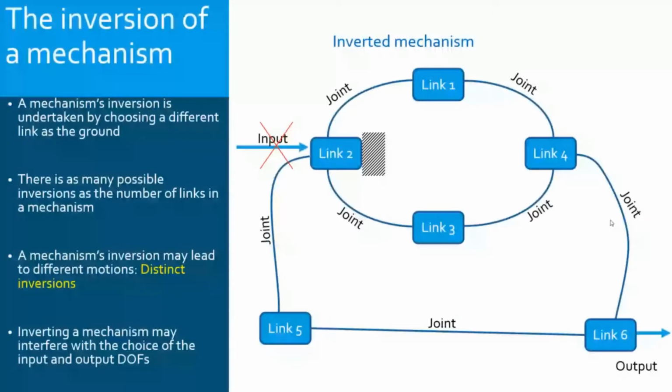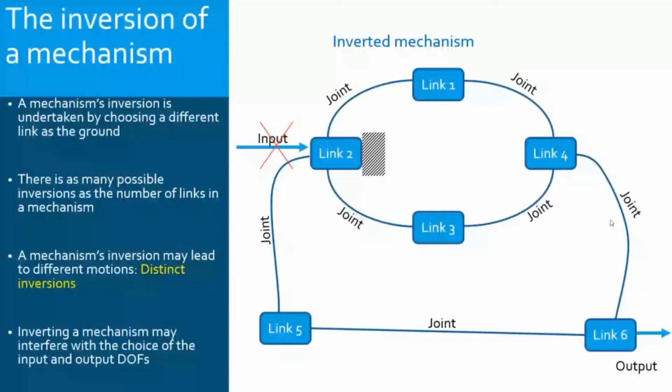The inversion of a mechanism can affect your choice of the input and also the output motion. So when inverting a mechanism, you need to think how this inversion can affect my choice of the input degree of freedom.